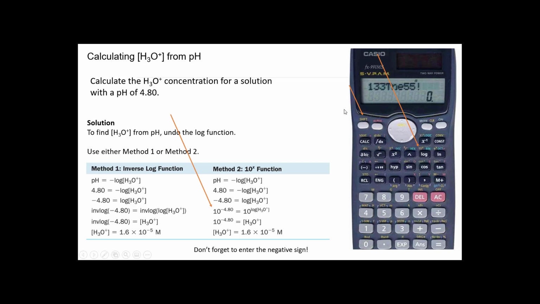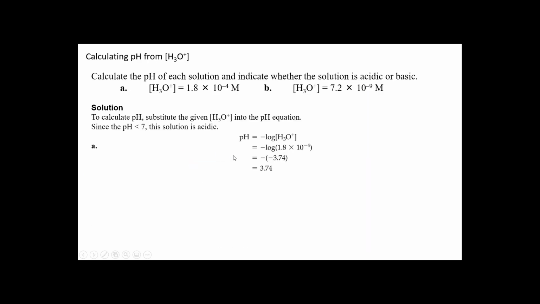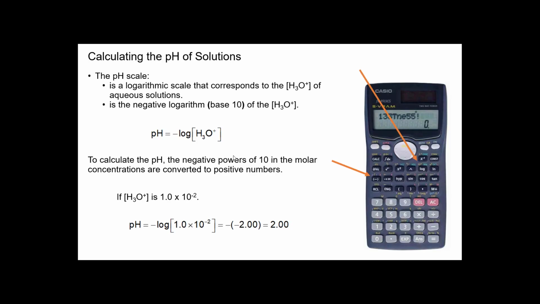So make sure that when you do this, you hit shift 10. For me, I would hit negative, and then I would enter 4.80, enter. And that would give me the concentration of the hydronium ions. So there's one way to do it. This one I just showed you is how to get the concentration of hydronium ions from the pH.